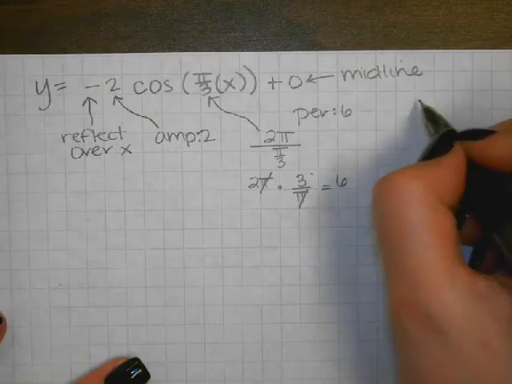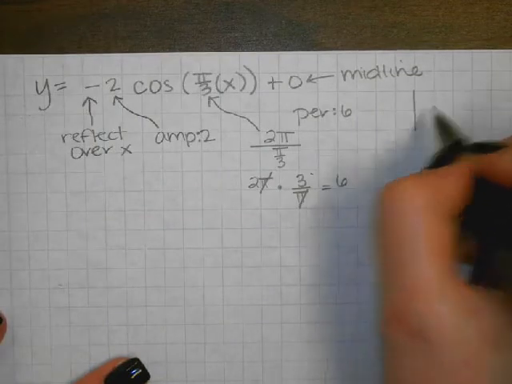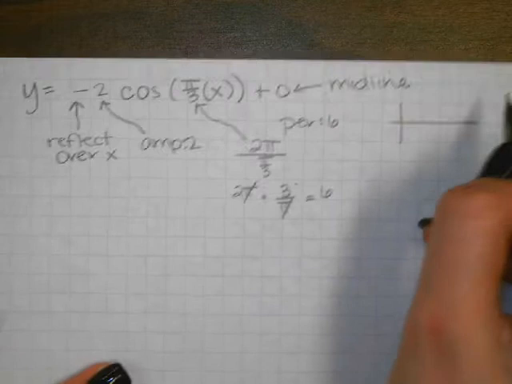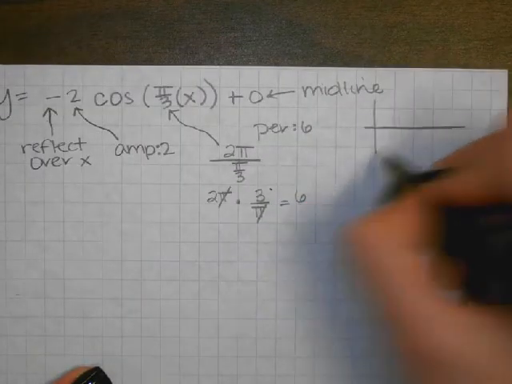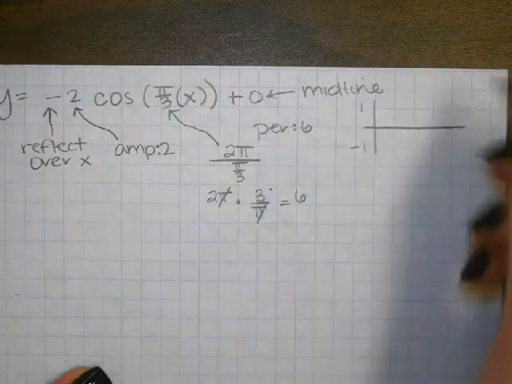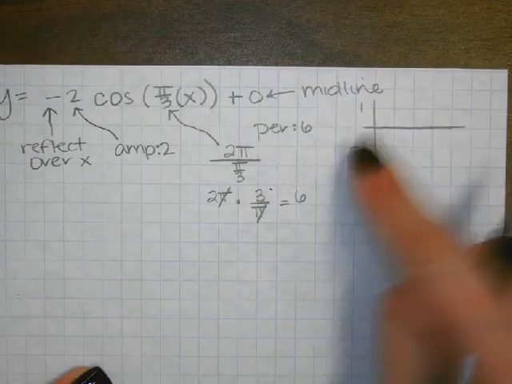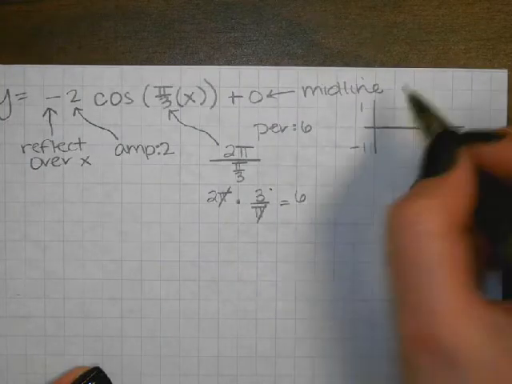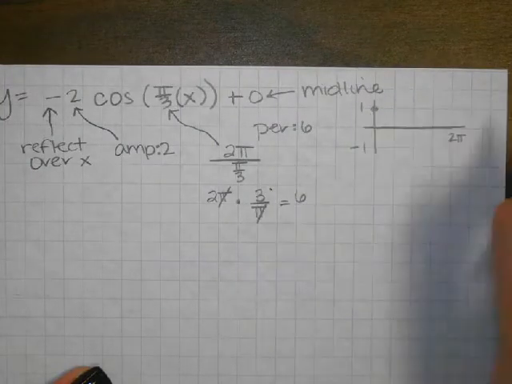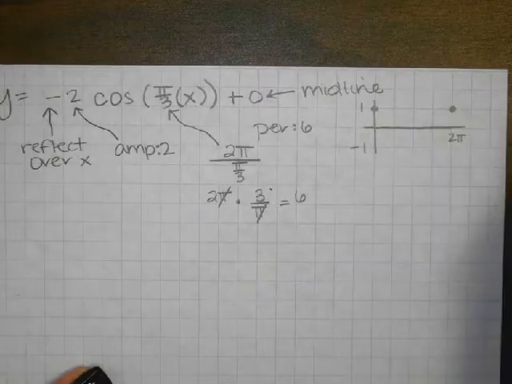All right. So just like before, we do have a basic version of a cos graph, and that's what helps us draw our graphs when we do them. So if you have not seen this, or if you don't remember it, go ahead and draw this sketch of a cos graph. Again, it goes from -1 to 1, and it goes from 0 to 2 pi. So cos graphs normally start up at 1, and they end up at 1 at the end.